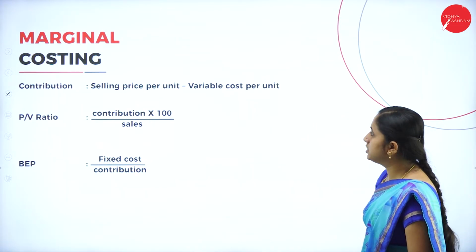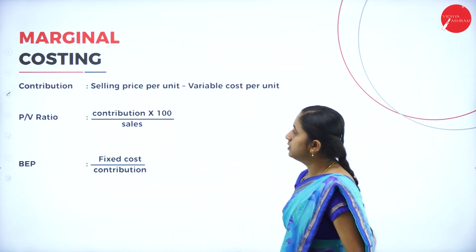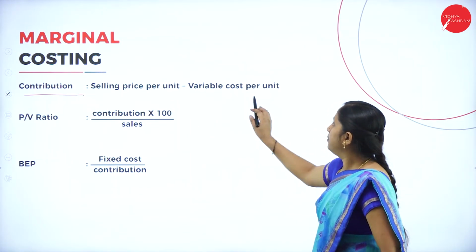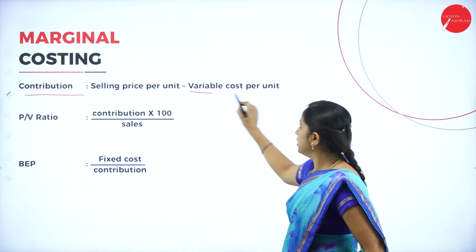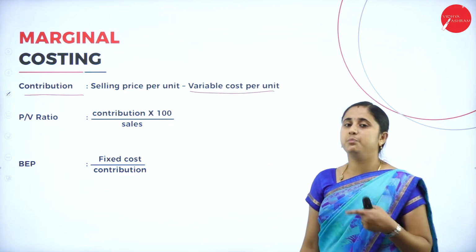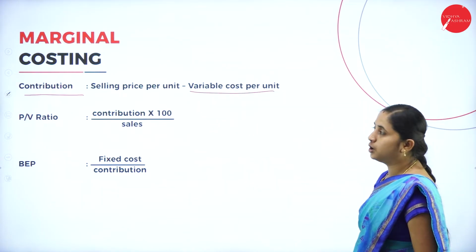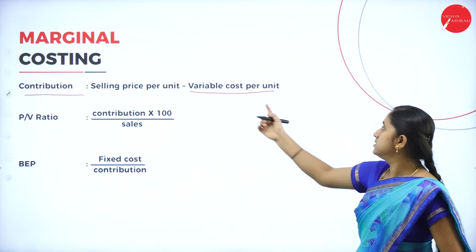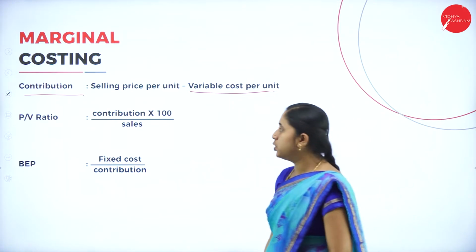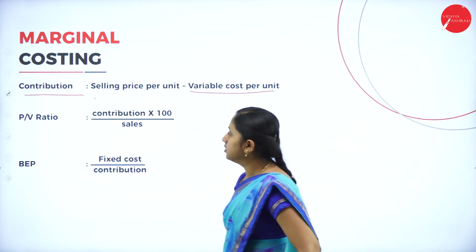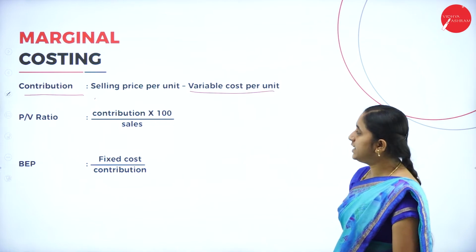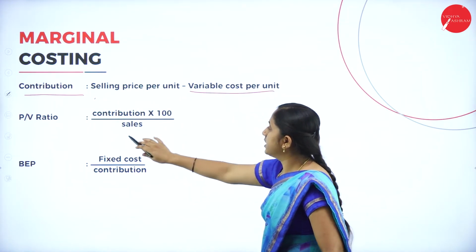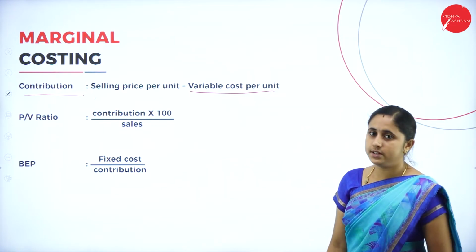Next, under marginal costing, you have some formulas. To calculate contribution: selling price per unit minus variable cost per unit. Here variable cost means it depends on the number of units produced. So selling price per unit minus variable cost is equal to contribution. Then PV ratio: contribution into 100 divided by total sales.